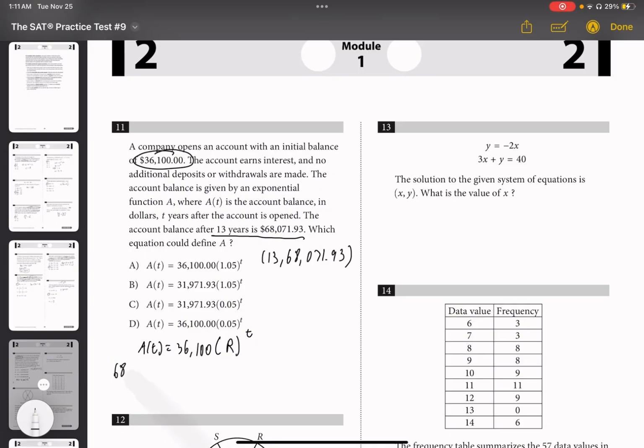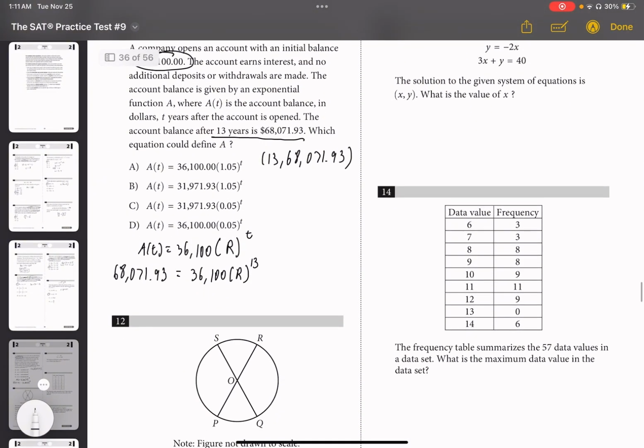So we get 68,071.93 is equal to 36,100 times R to the 13. Now, since we have R to the 13, first we're going to divide both sides by 36,100. And we're going to keep it all as one term.